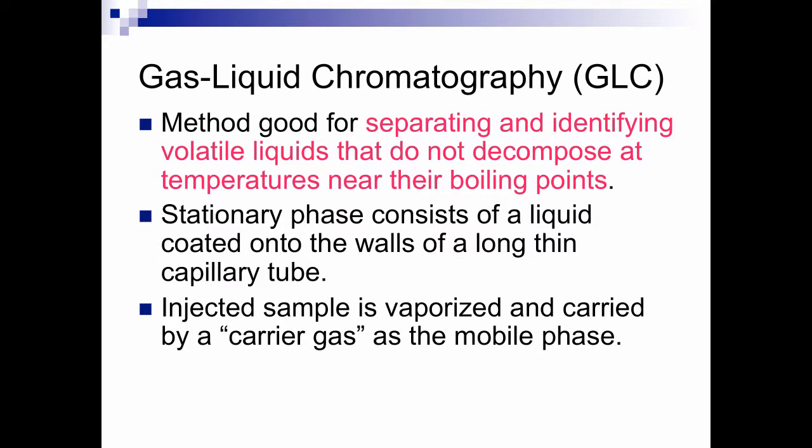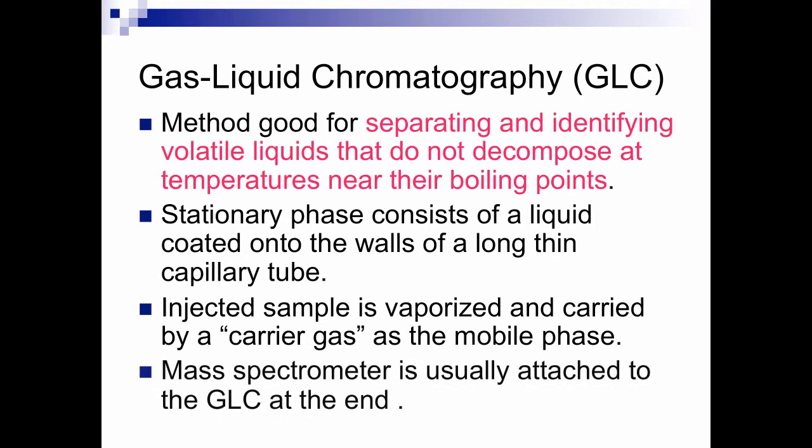At the end of the column, there is a detector, and this detector, commonly known as a mass spectrometer, detects analytes that are unknown. For analytes that are known, we usually use a flame ionization detector. However, the name of this detector is not required in your syllabus.